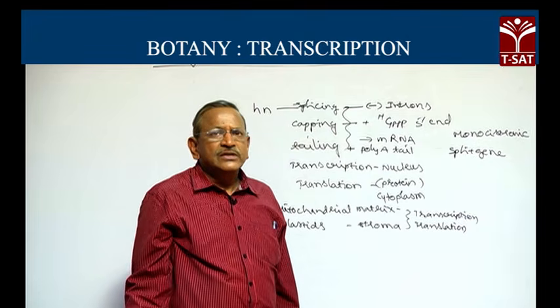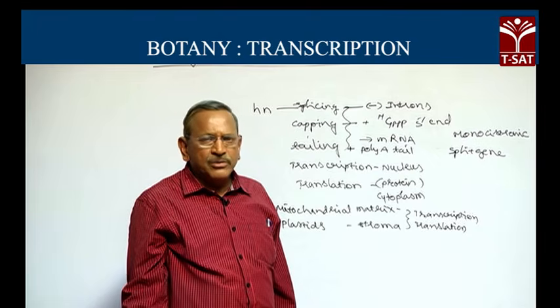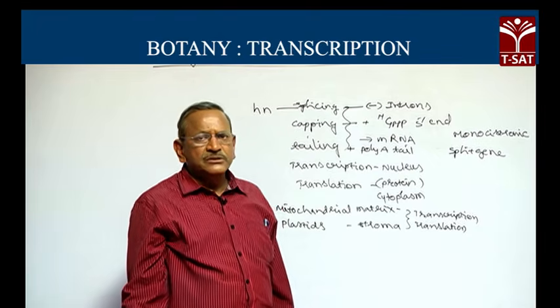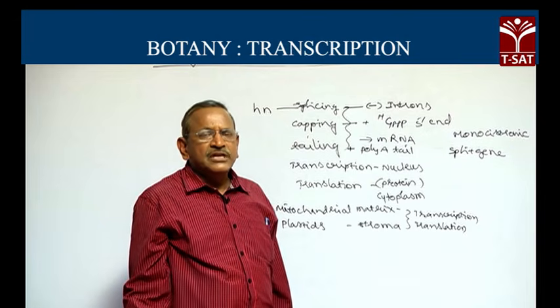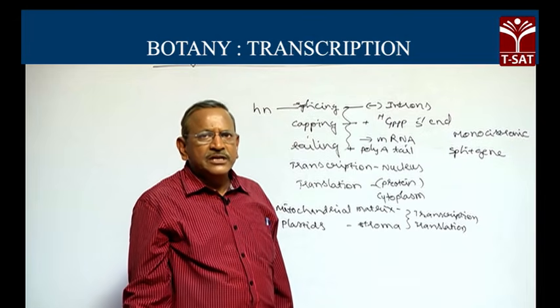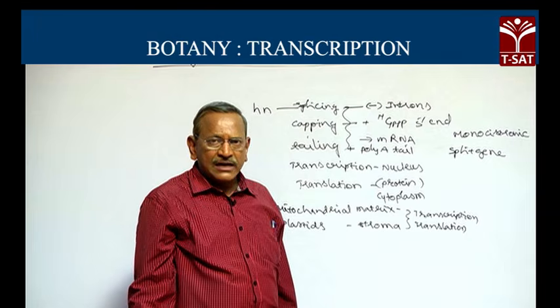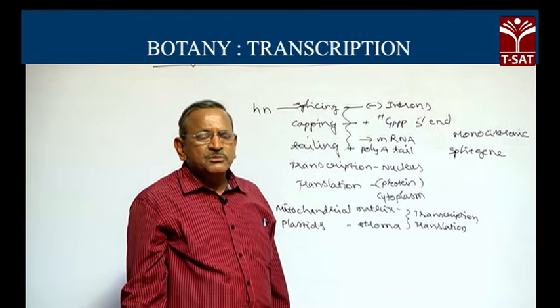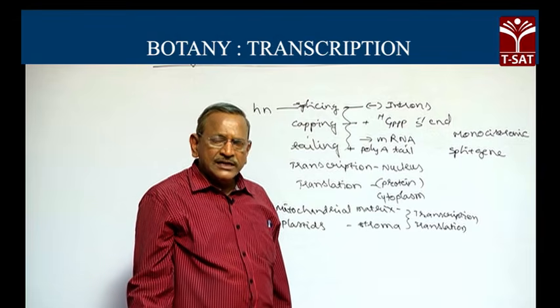Only one kind of DNA dependent RNA polymerase is present in prokaryotic organisms, whereas in eukaryotic organisms 3 kinds of DNA dependent RNA polymerases are there. RNA polymerase 1 is responsible for synthesis of rRNA.